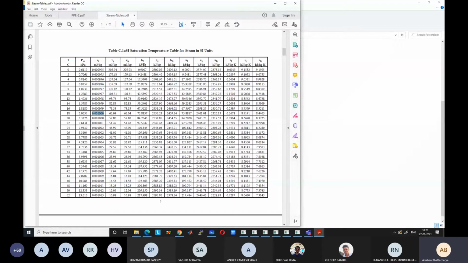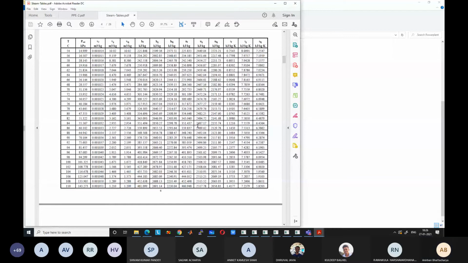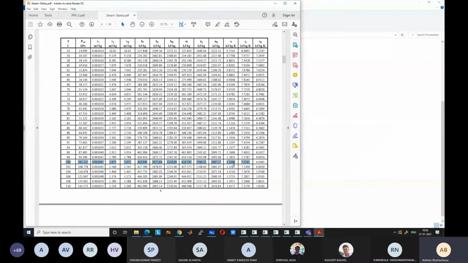Okay. So as I was discussing previously in answer to one of your questions, at 100 degrees centigrade, the entropy of liquid is 1.3 and vapor is 7.35. Remember these values, 1.3, 7.35.